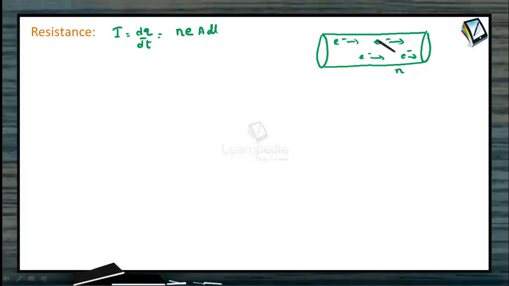So a small length dl or dx we can consider, area of cross section of the conductor is A, divided by dt. So n is number of electrons per unit volume, into volume, charge of electron is e, dl by dt is v, so neAv. This is the velocity of electron, which we call the drift velocity, so it can be written as neAvd.